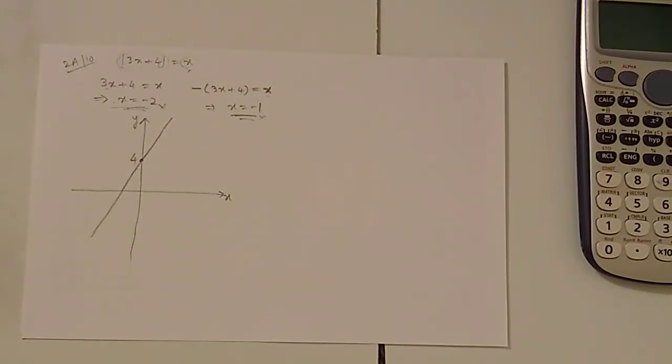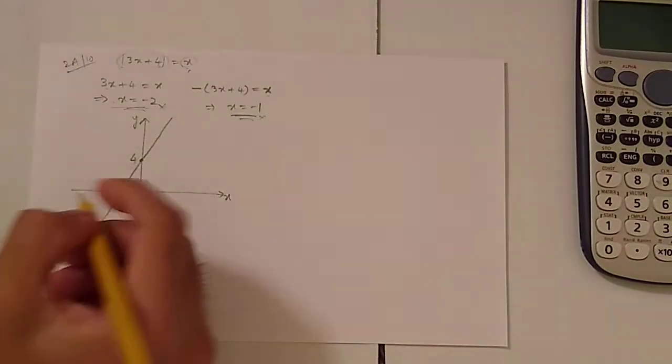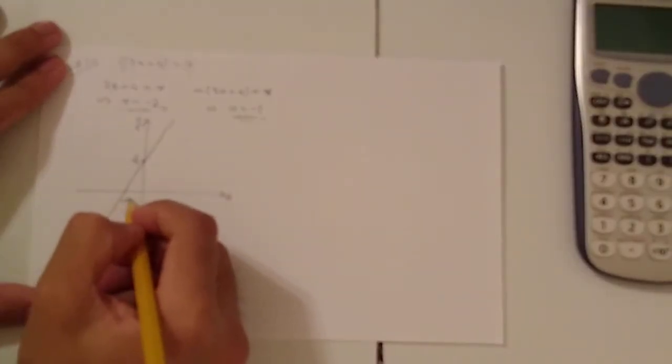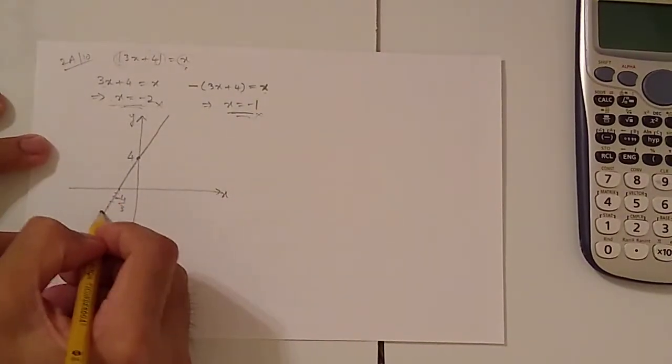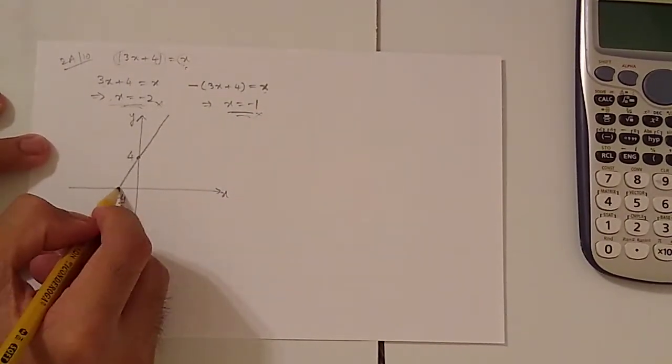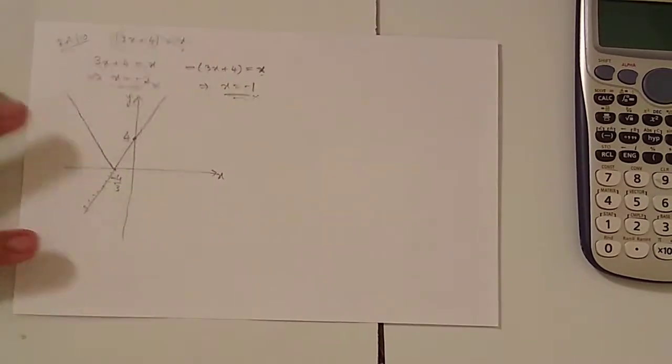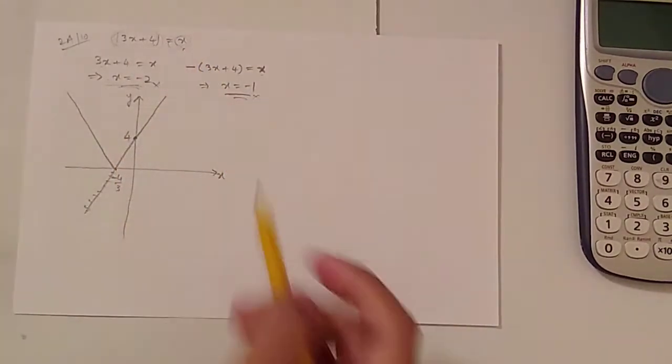This portion over here is at the point -4/3, and this portion gets flipped because of the modulus symbol, and we get this. Let's draw the second graph over here, y = x.